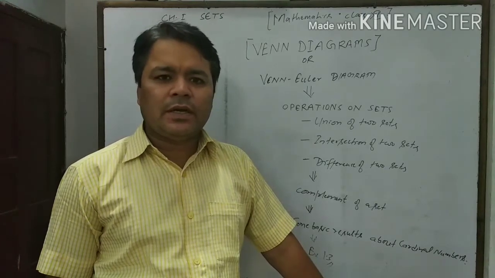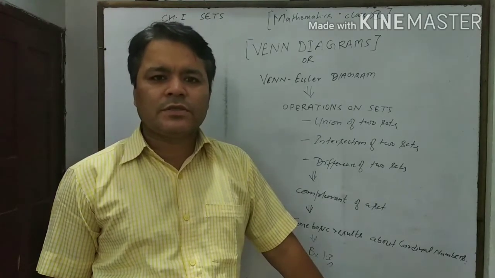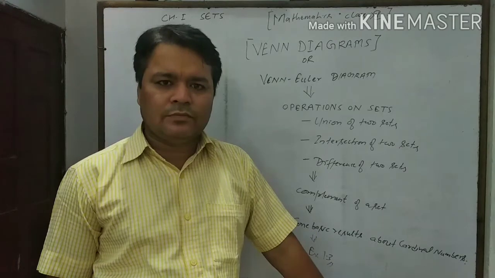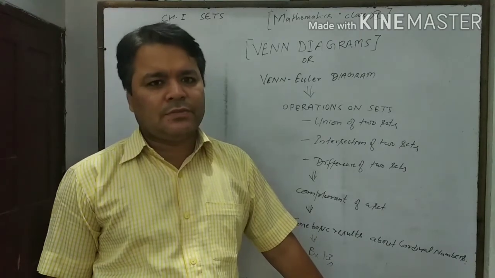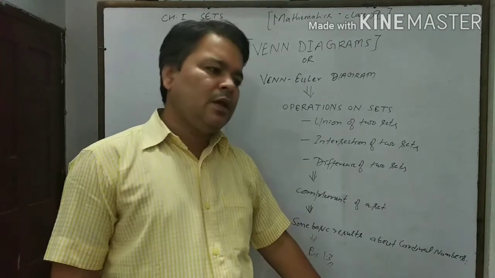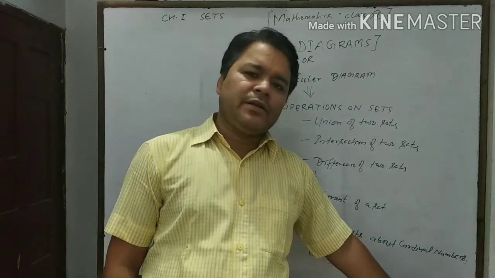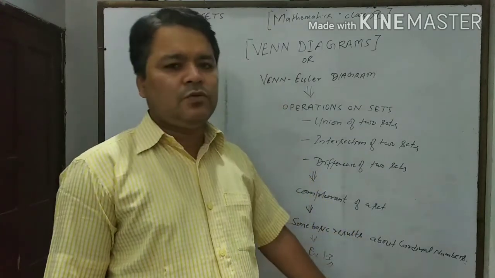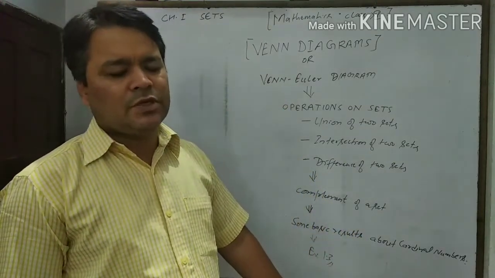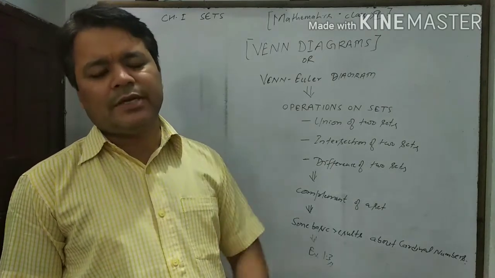Today in class 11th we should discuss the Venn diagram, which is related to the first chapter, sets. Here in Venn diagram, first of all we should try to know the definition of this. What is the definition of Venn diagram?